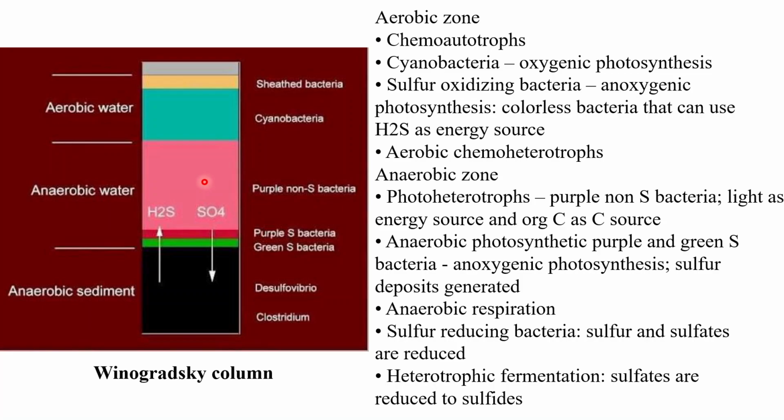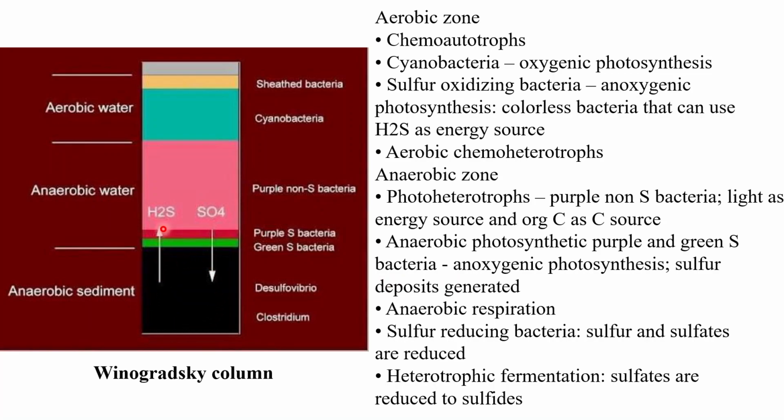Then there will be anaerobic photosynthetic purple and green sulfur bacteria, which will use sulfur deposits as the terminal electron acceptor. They will do anoxygenic photosynthesis. They are photosynthetic bacteria, which means they are using carbon dioxide as the carbon source.